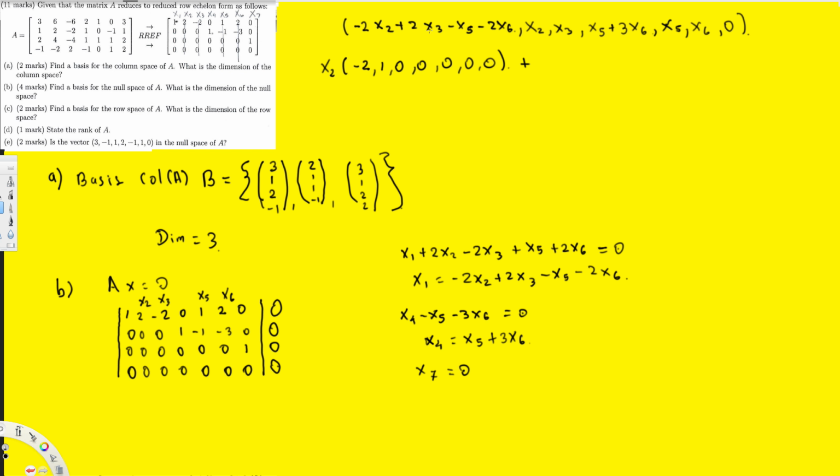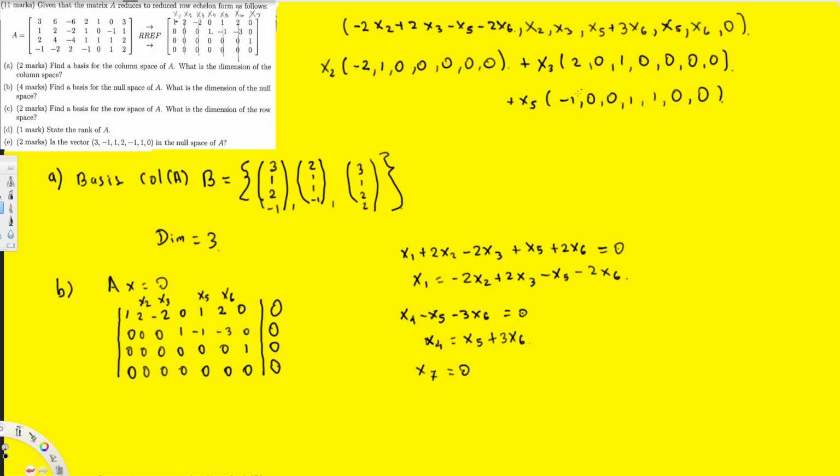Now I have to take x3. If I take x3, we have 2 right here, then we don't have anything, we have 1, and then 0, 0, 0, 0. And let's take x5 now. If I take x5: minus 1, 0, 0, and we have 1 here, and another 1, then 0, 0.